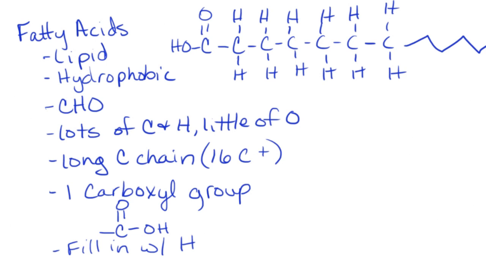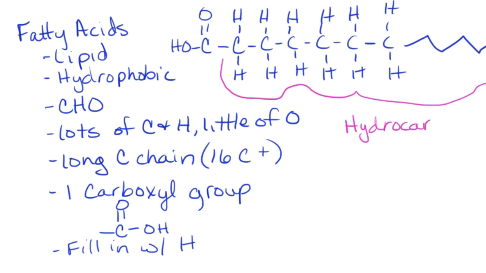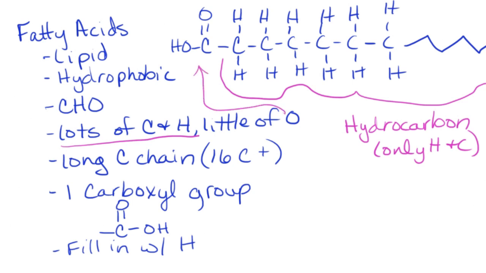So for the fatty acids, notice that the vast majority of the molecule, everything from here on down, is all going to be a hydrocarbon. Hydrocarbons are only hydrogen and carbon. And that's why we said we're going to have lots of carbon and hydrogen, but not very much oxygen, because the only place that we see the oxygen is down here in the functional group, the carboxyl group.